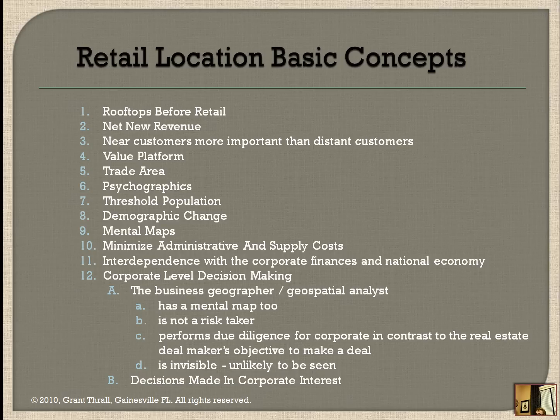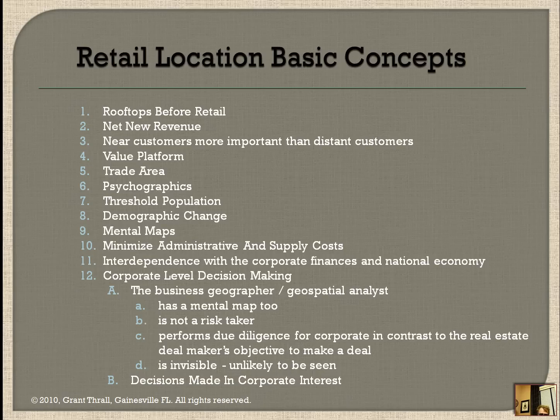It may be that you have a location that you think is really dynamite for this particular retailer, but they're going to have finances to build a finite number of retail facilities each year, let's say 12, and they will pick the top 12 which, according to their calculations, are going to make corporate the highest net new revenue. The decisions are typically made at the corporate level.